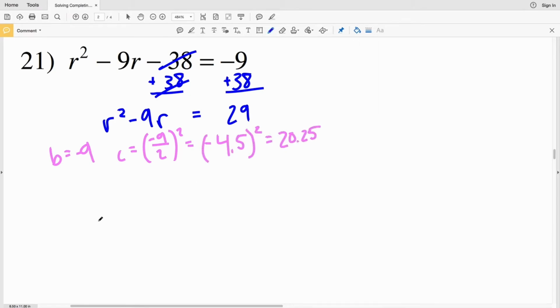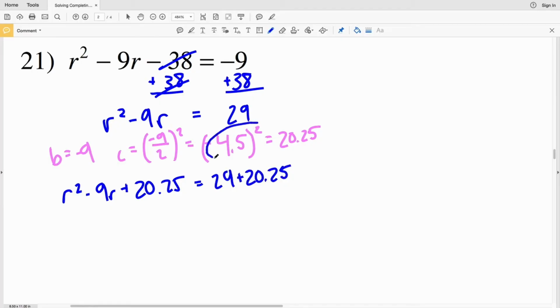So adding 20.25 to both sides, I'll have r squared minus 9r plus 20.25 equal to 29 plus 20.25. So you can see my b squared value was 4.5 squared, and because I'm subtracting 2ab, I'll write this as r minus 4.5 squared, and that will equal 29 plus 20.25, which is 49.25.